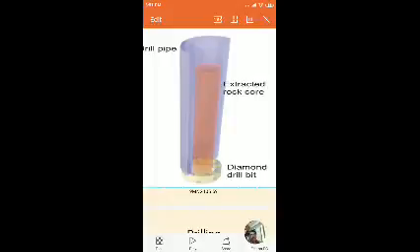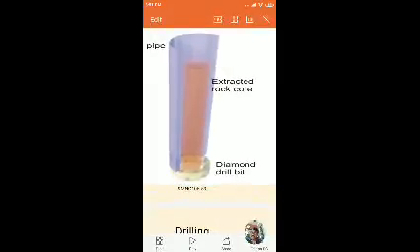By testing these core pieces, you are able to know what its strength is, what the grade of ore is, what its chemical composition is, what geological disturbances are present in it, and how thick the mineral bed is. You will know everything about the area.